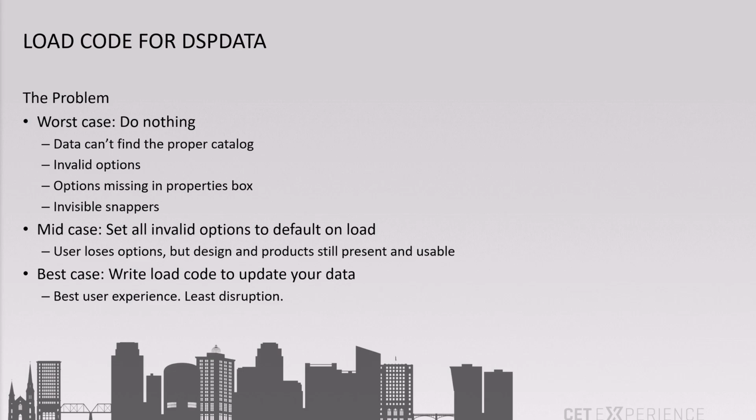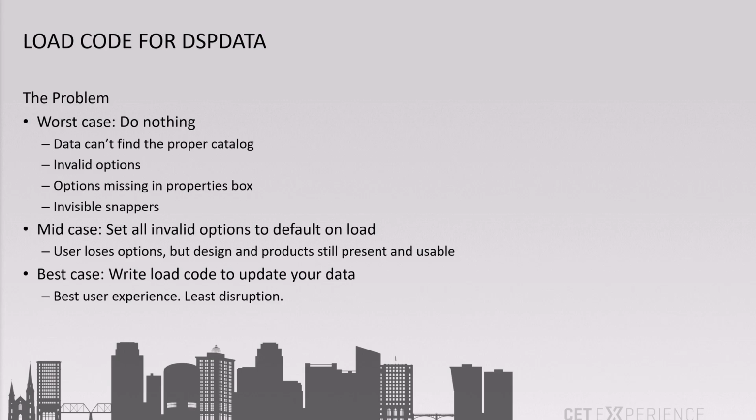We, as developers, can write load code to update our DSP data to something that is basically a much better solution. This is the best user experience and causes the least disruption to them. Whether that's, hey, the option that you have selected here, the option code has actually changed. This is the equivalent, so we'll take your data and change your saved option codes to the new one.